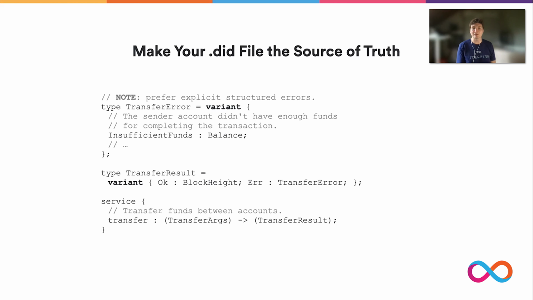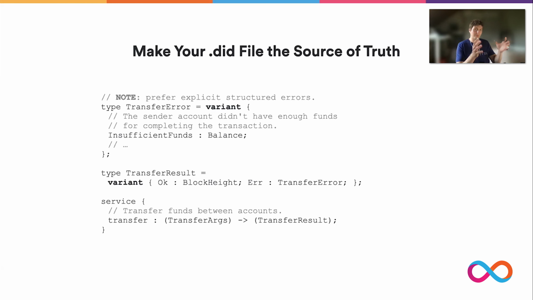You can put comments in there. If you don't want to expose some functions or you consider them internal functions, you can just avoid putting them in this handcrafted Candid file, but still have them in the implementation, for example.